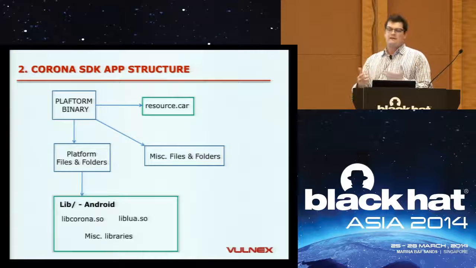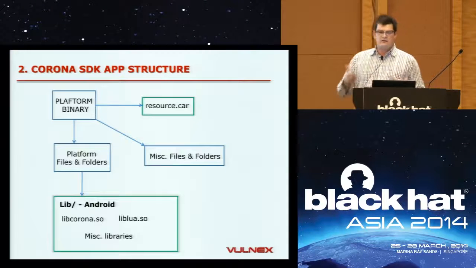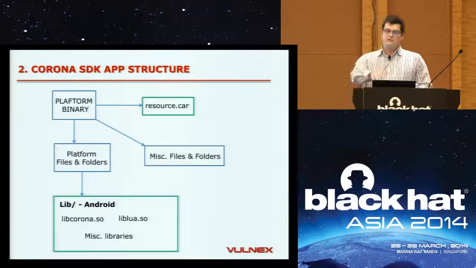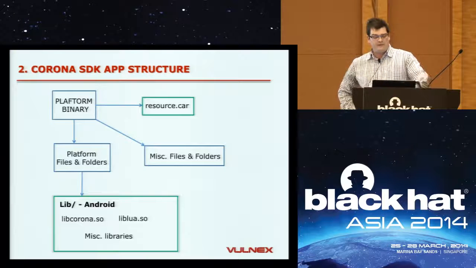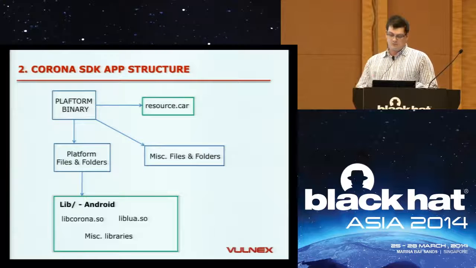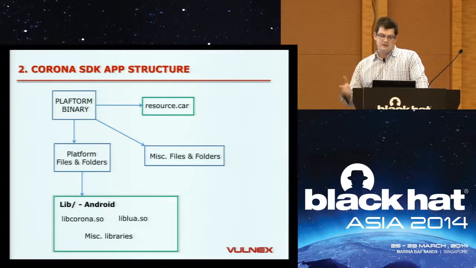So when we write an application using Lua, everything will go into the resource.car file. Everything gets into that file. Then we also have the platform files and the folders for the platforms, and some miscellaneous files. It depends what type of images or whatever files the application is using, so you can also get those.